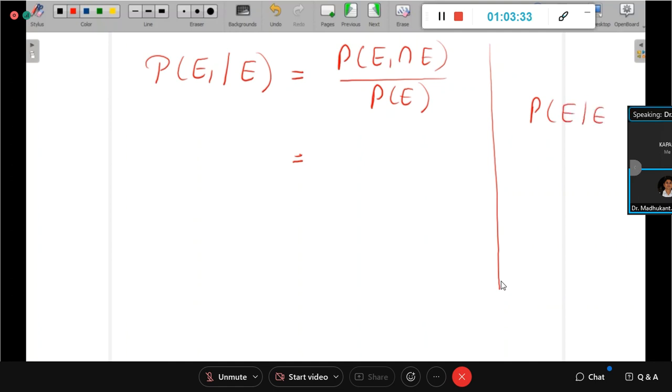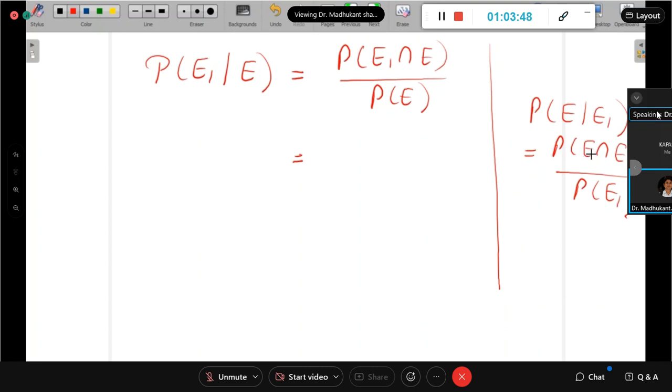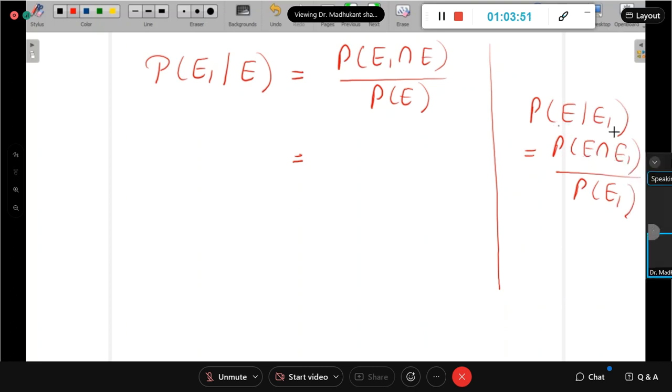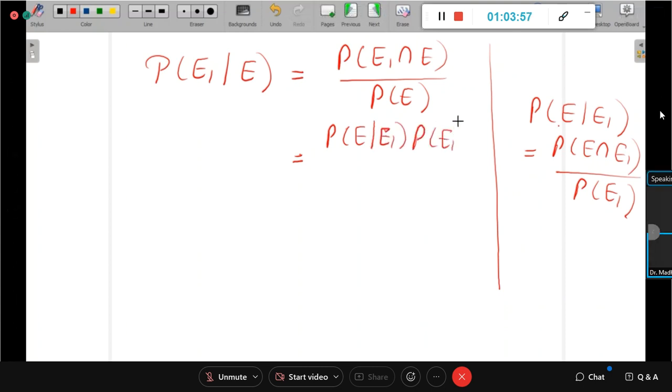What I know is probability of E given E1 is equal to probability of E intersection E1 divided by probability of E1. So I know all this stuff. From here, probability of E intersection E1 is probability of E given E1 times probability of E1, divided by probability of E.